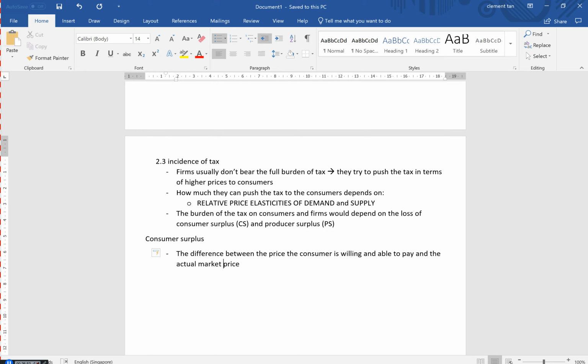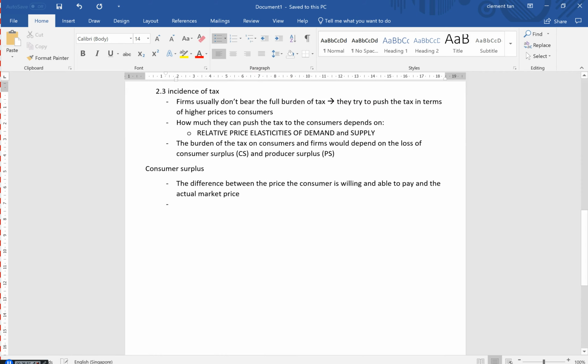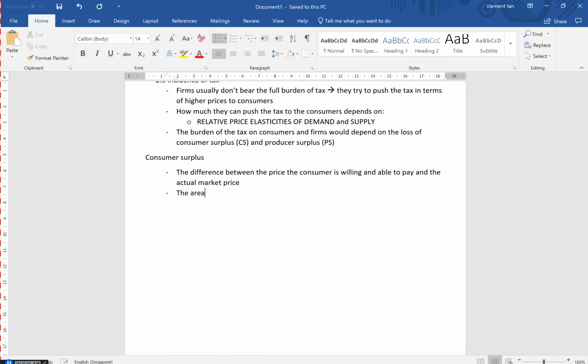So it is basically the area below the demand curve and above the market price. Okay? That's all you need to know. Later I'll draw and show you.